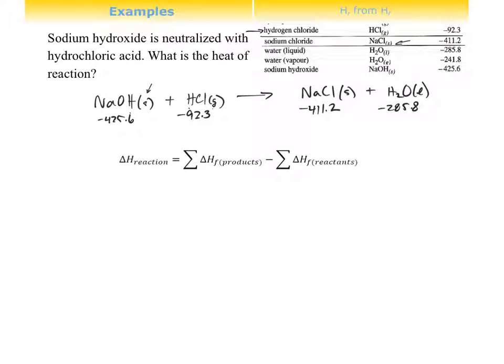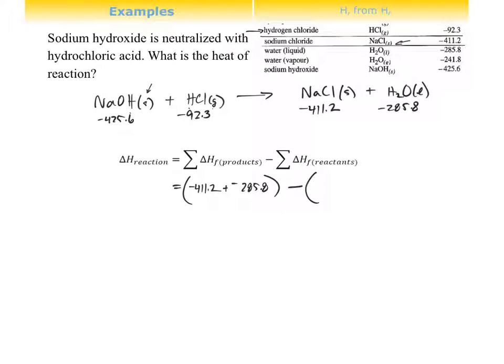So if I want to know what the heat of reaction is, I'm going to have to add up all of the products, add up all of the reactants, subtract them. So here's my formula right there. It's equal to the products, I'm going to put them in brackets: negative 411.2 plus negative 285.8. Those are my products.